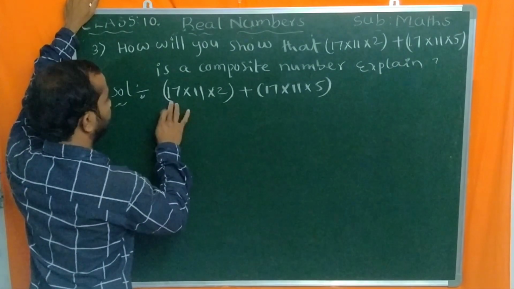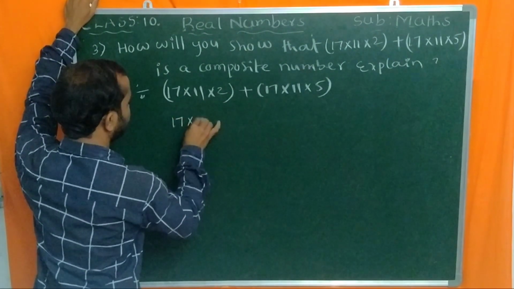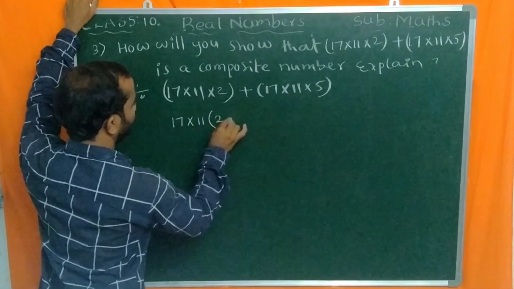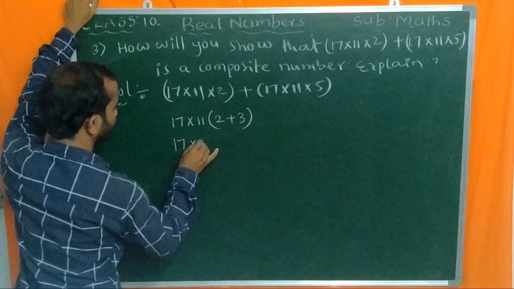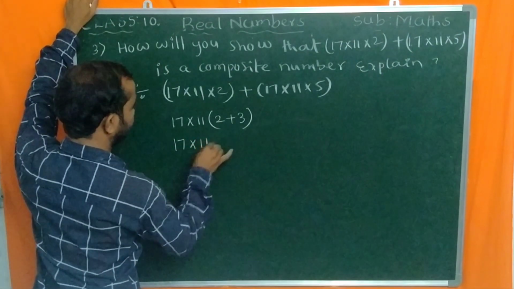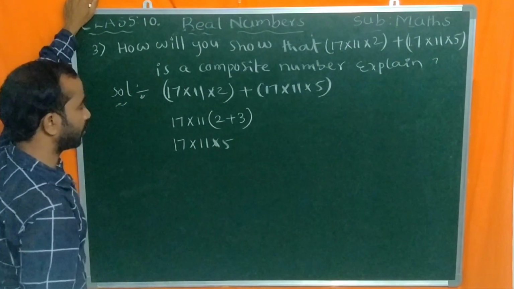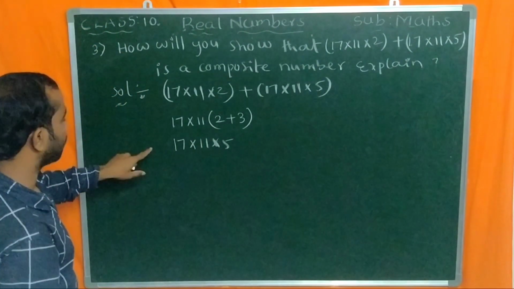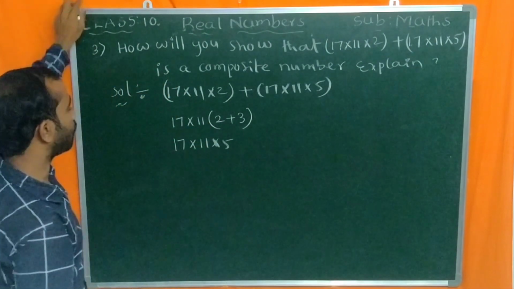Here 17 and 11 are common, so 2 plus 5 is 7. The given expression can be written as 11 into 17 into 7. So the expression is written as the product of three factors, so this is a composite number.